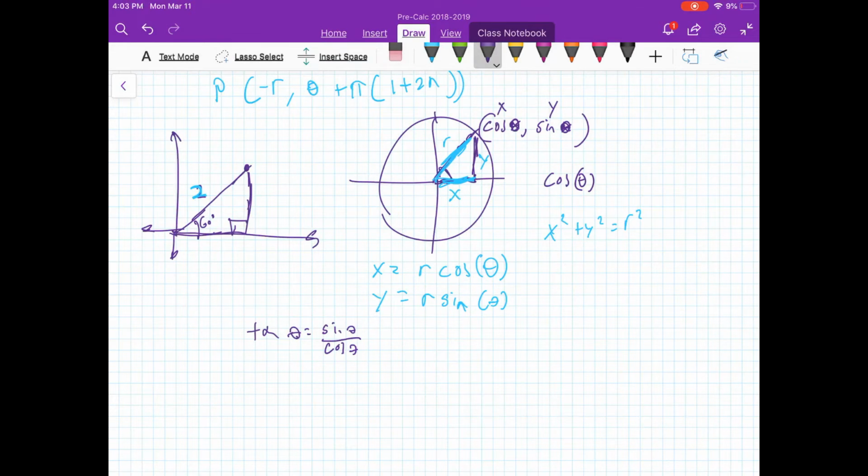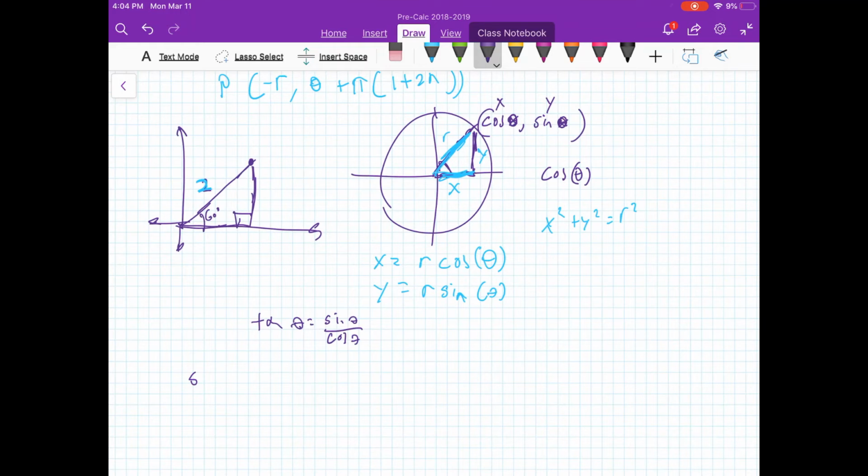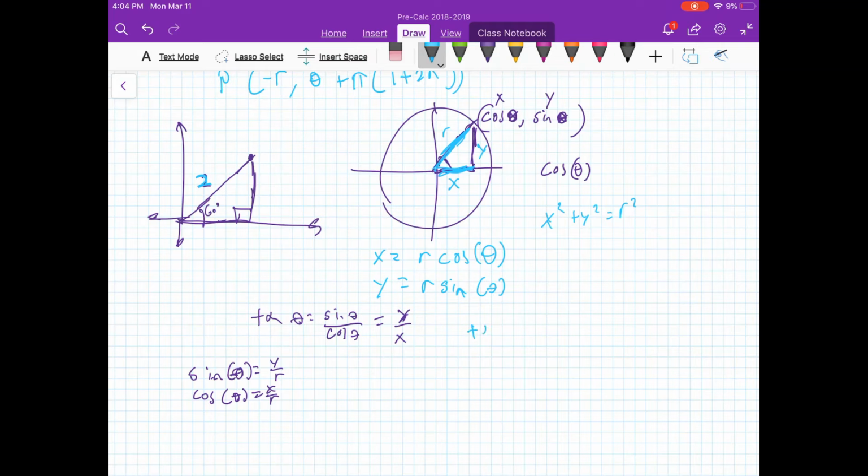If we do a quick bit of algebra on y equals r sine of theta, sine of theta equals y over r, and similarly the cosine of theta would be x over r. So if we do sine over cosine, we get y over x. So that's also helpful to know. The tangent of theta equals y over x.